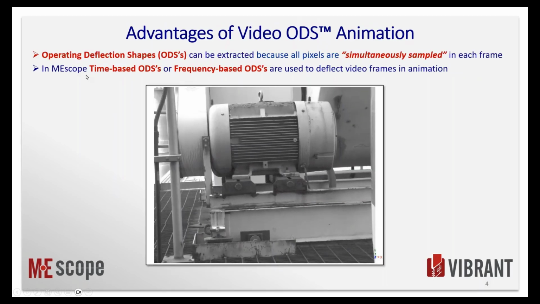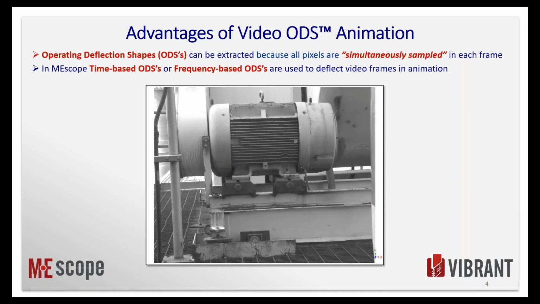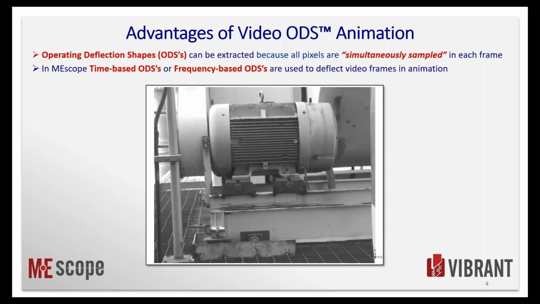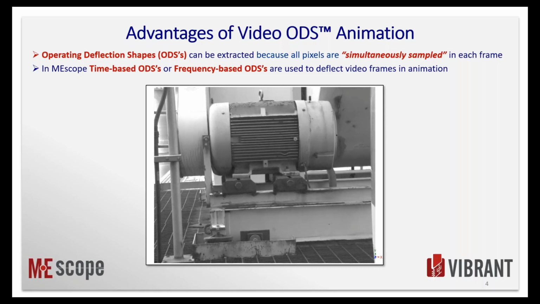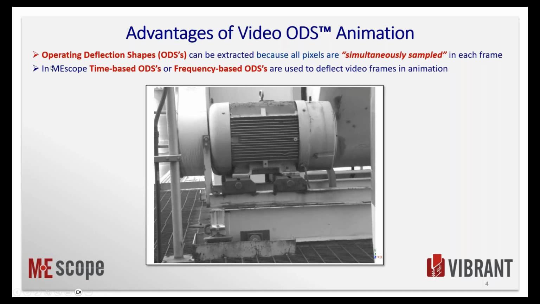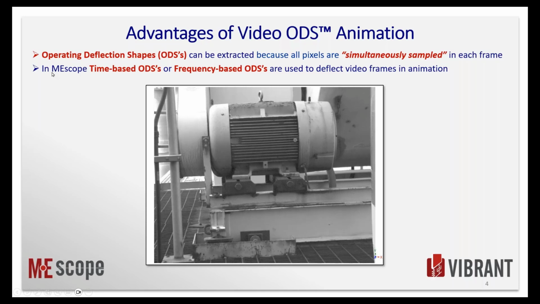But these videos that we can extract very quickly from a cell phone video, load it into a computer, and get an animation that looks something like this. We'll start to see things that are going on that perhaps we didn't even anticipate. So we're going to talk a lot about the term ODS, which stands for operating deflection shape.